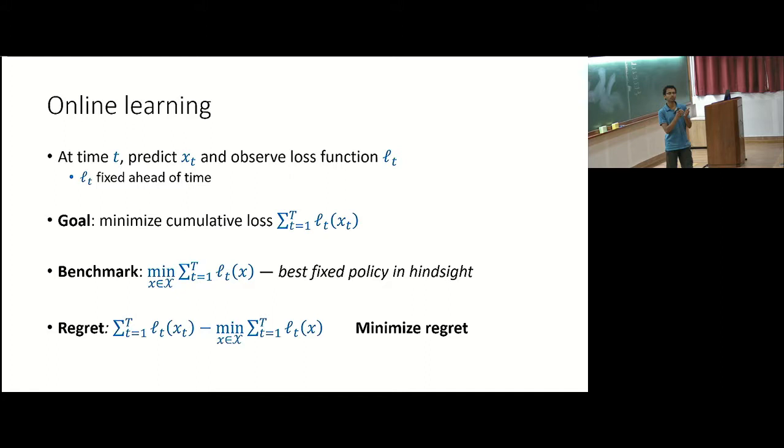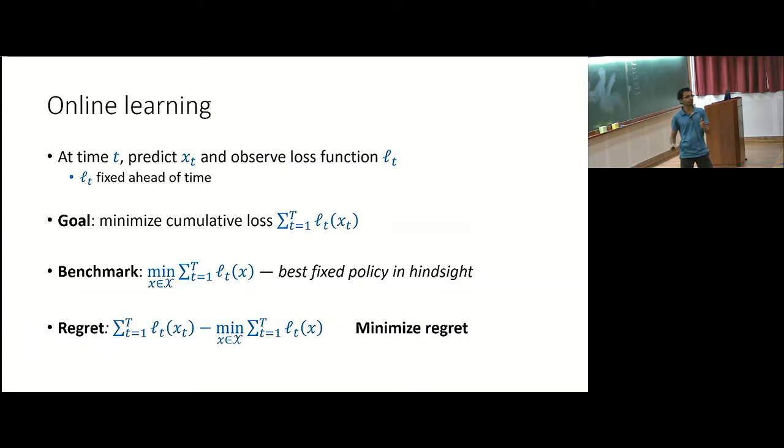So the best possible benchmark I could hope to compare with is where my action at time t is the best thing that could happen for the loss function that I'm seeing at that time. But it turns out that this is way too hard, and in general, it's not possible to do this.